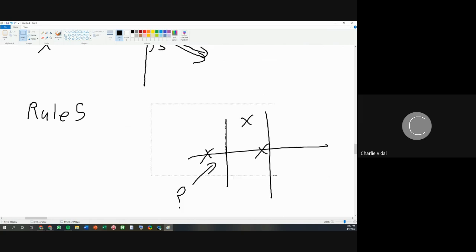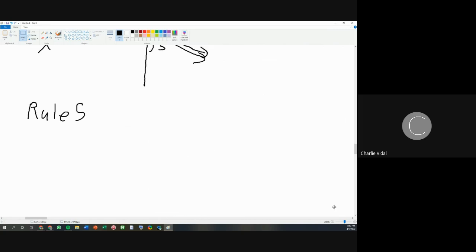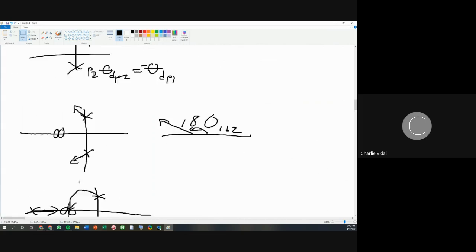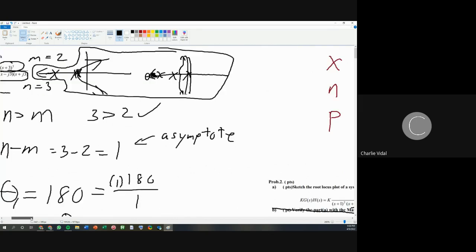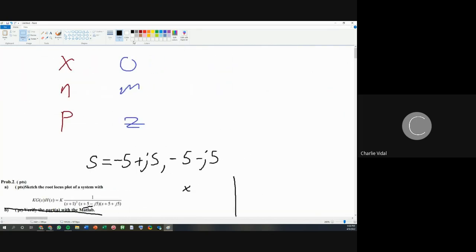To do rule number 5, we're going to go back to question 1, which is over here. We're going to use these values. So we're going to use NS and DS. Oh, okay, here it is. That was the last thing that I was trying to figure out. There is something known as... hold on.